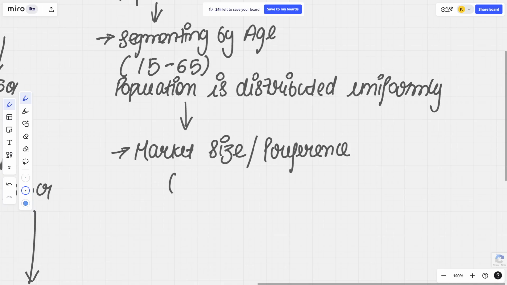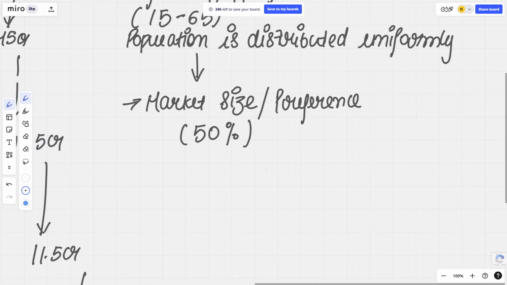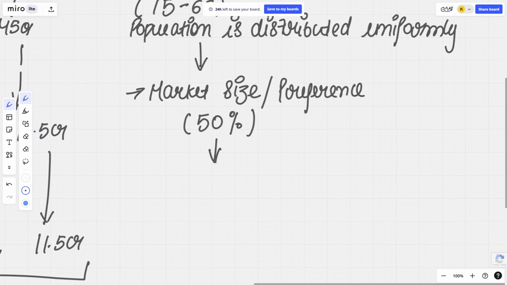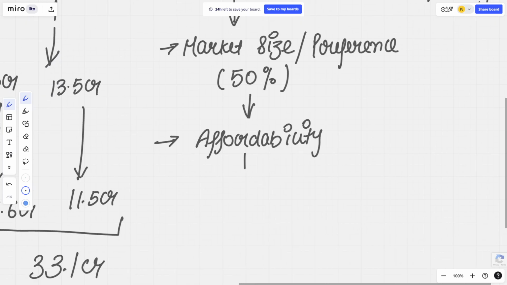So I'm assuming that 50% of the users will be preferring an iPhone, but preferring an iPhone is not equal to the particular segment of people using the iPhone. So we will be segmenting by affordability, and for affordability, I have segmented users into a few categories.